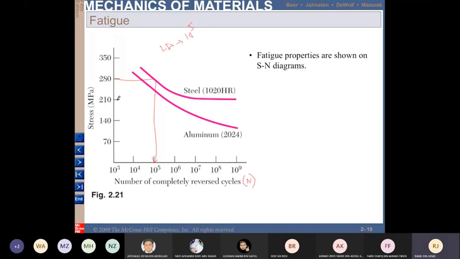And if you give the load 210 MPa, the chair that you make using steel can last forever. So this S-N graph is stress versus number of cycle.